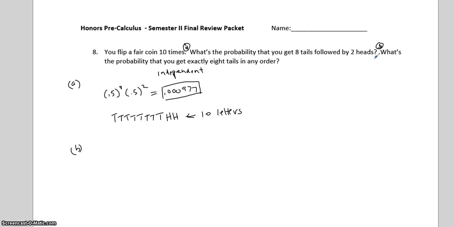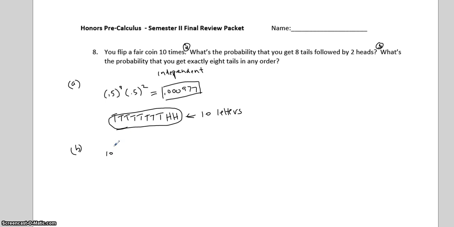So for a question like B, when we ask what's the probability that you get exactly 8 tails in any order, I like to think of that as how many ways are there to rearrange this word. We have 8 tails, but for this one we don't care what order they come in. It is that repeated permutation problem.